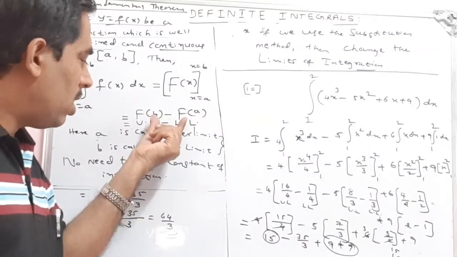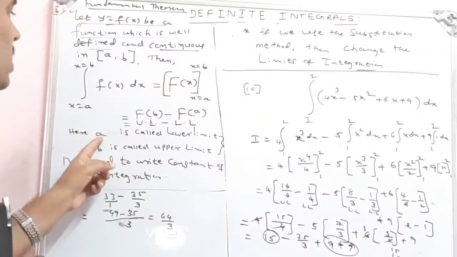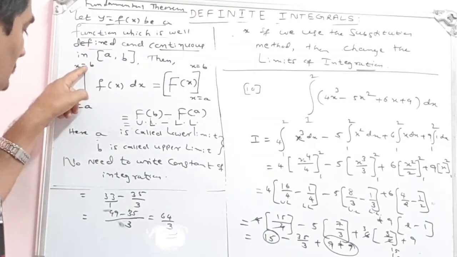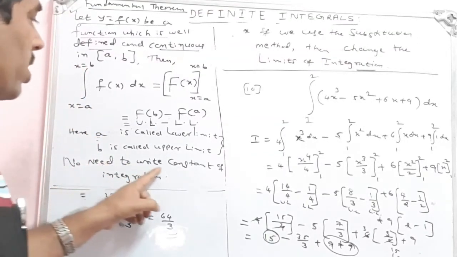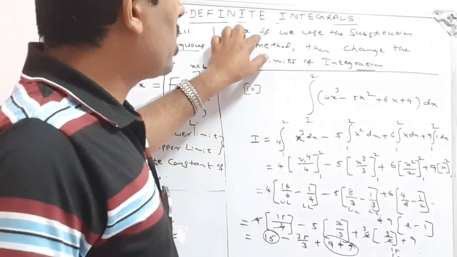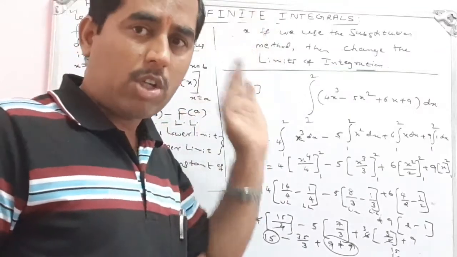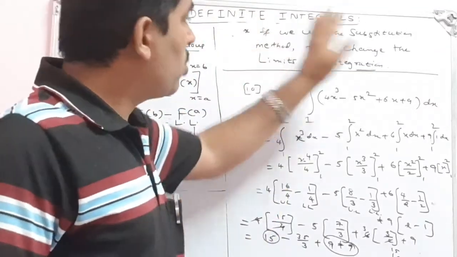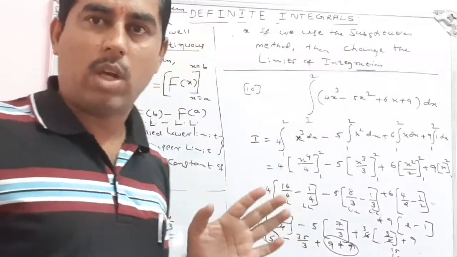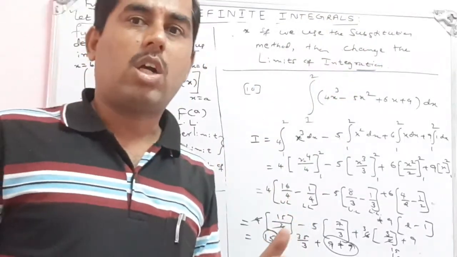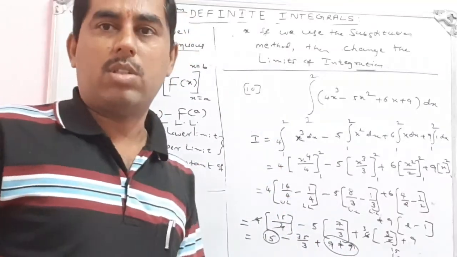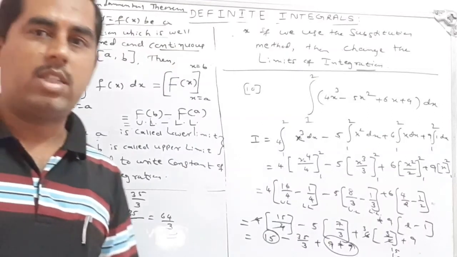Here a is the lower limit and b is the upper limit. While calculating definite integrals, there is no need to write the constant of integration. If we use the substitution method, which we have not used in this session, then change the limits of integration according to our substitution. Then we can calculate the simple examples. We shall consider some more examples in the next session.